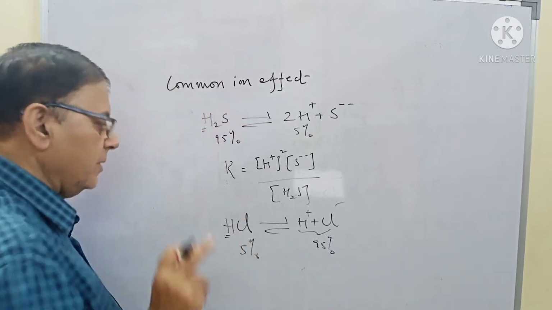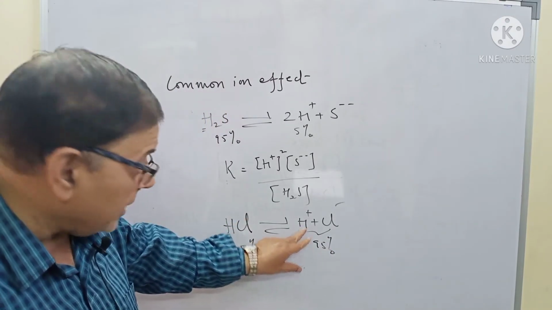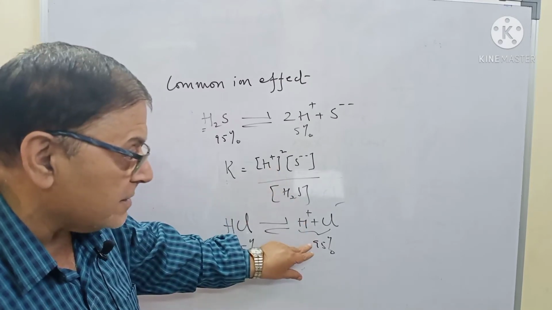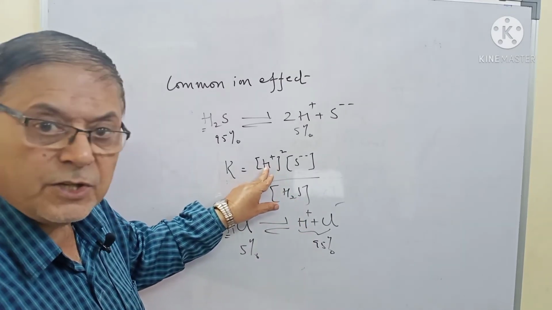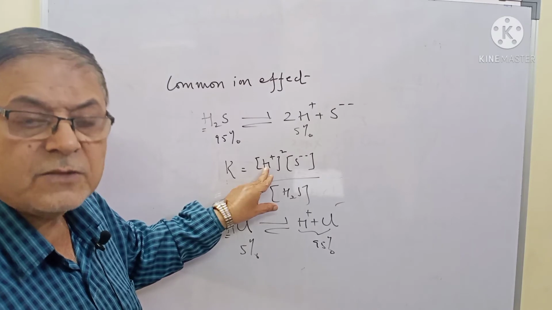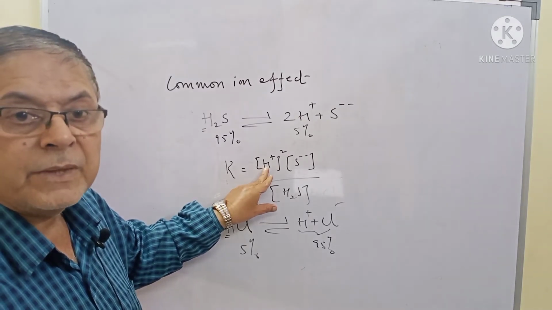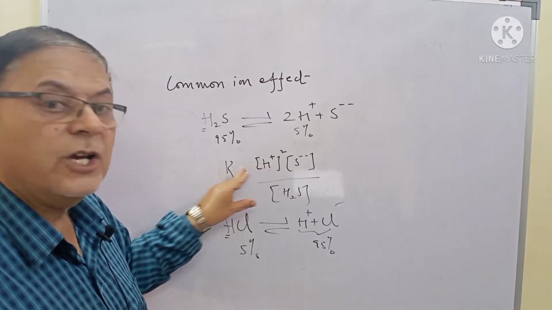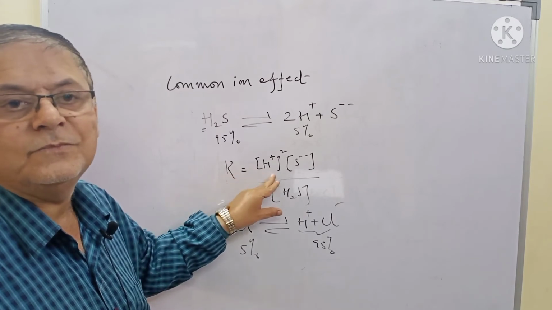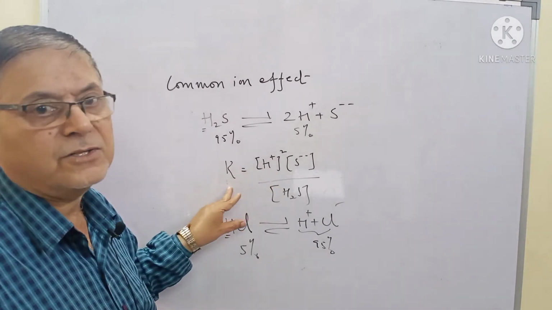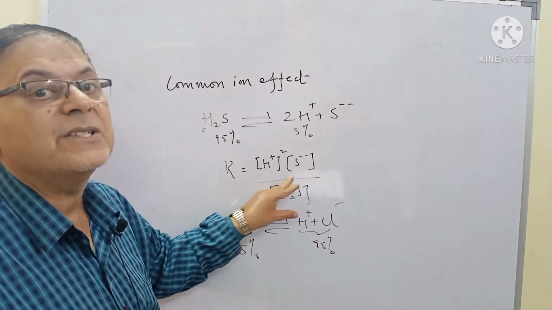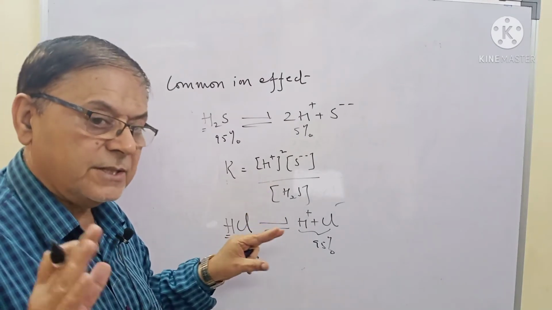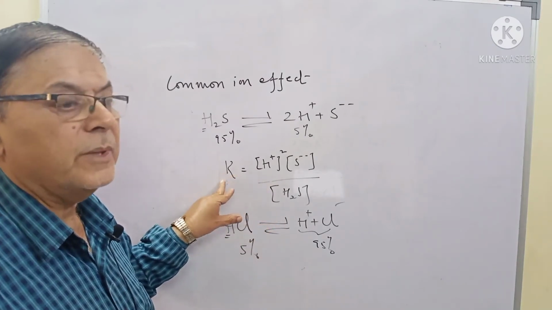So what will happen due to the addition of this strong electrolyte containing the common ion? Suddenly the concentration of H+ in this equation will increase. There's a danger that K will change. K is the equilibrium constant. It won't change so easily. It will adjust itself in such a way that it remains constant.